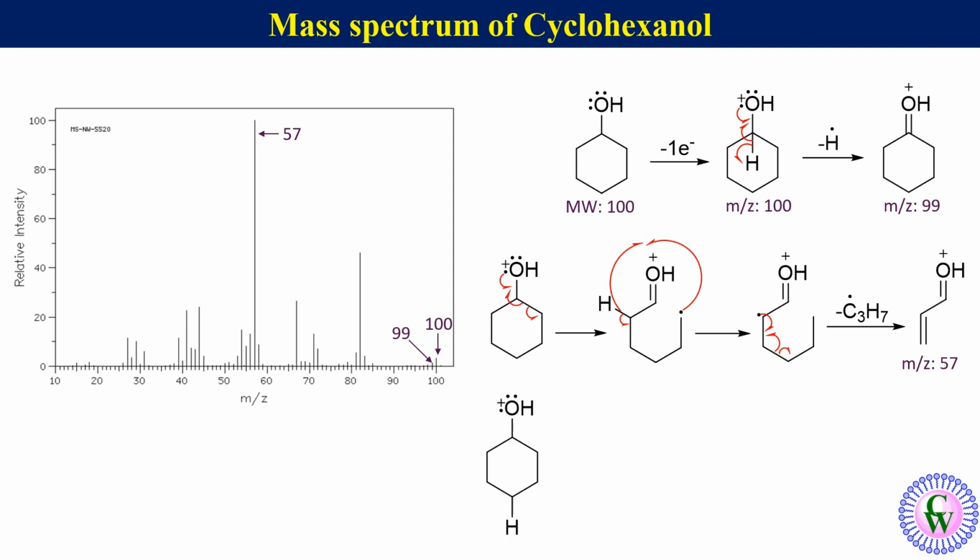The molecular cation undergoes delta proton abstraction to produce this radical cation, which eliminates water molecule to produce radical cation with M/Z value of 82.